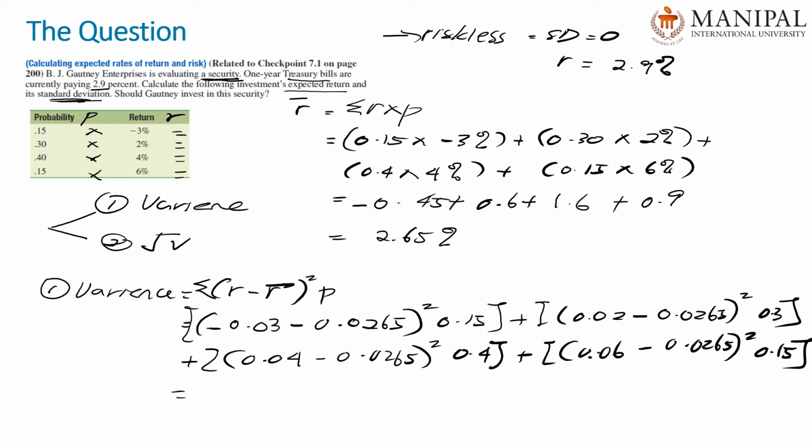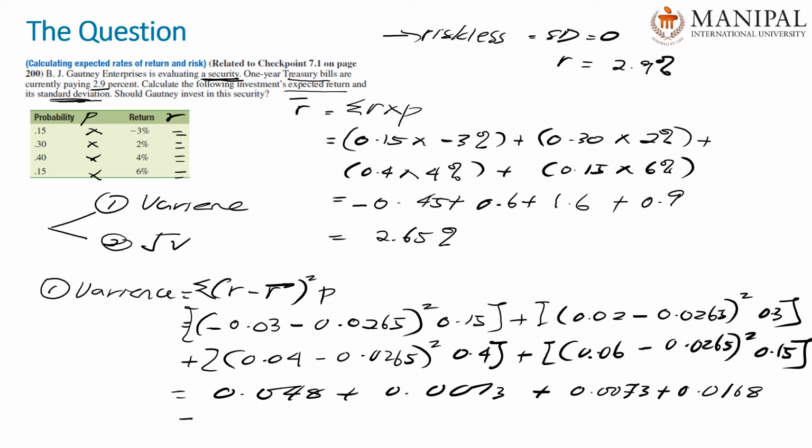Now we can calculate. Basically, that will give us approximately, you can try and calculate it on your own, 0.048 plus 0.0013, plus the next one, 0.0073, plus 0.0168.